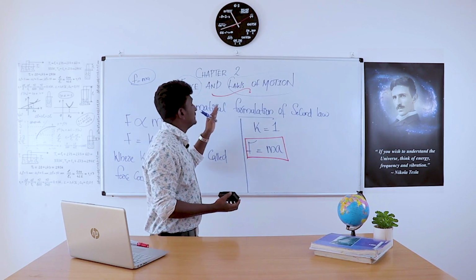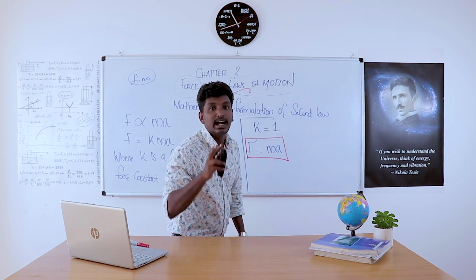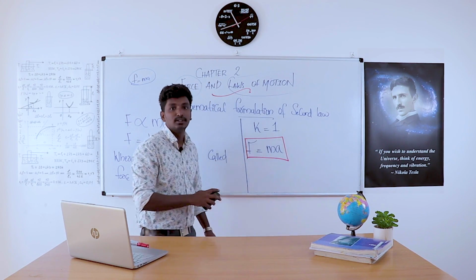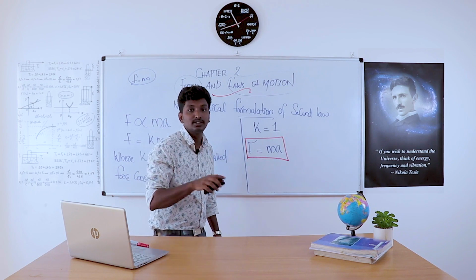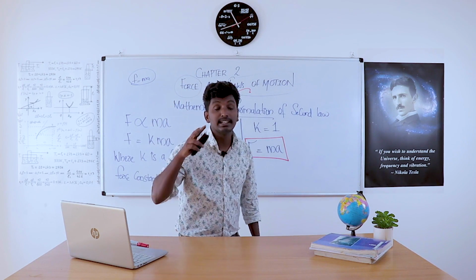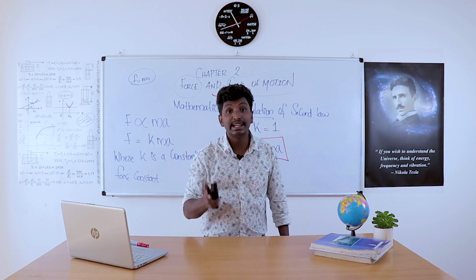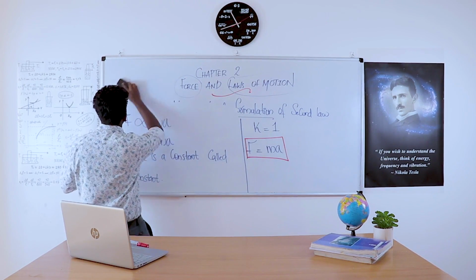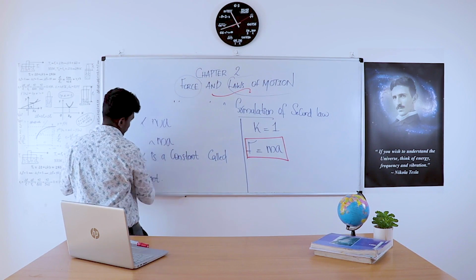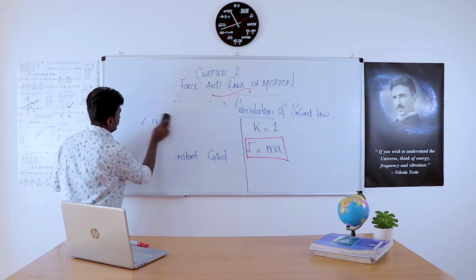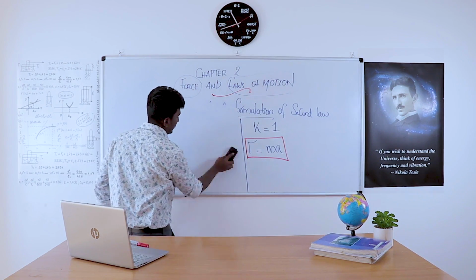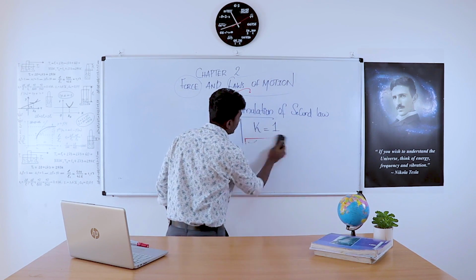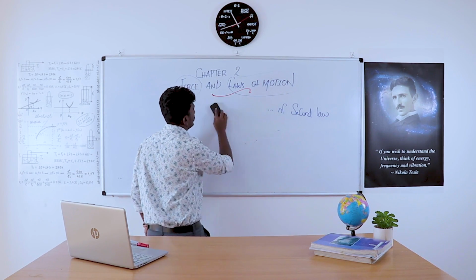We have just completed Newton's second law of motion and its mathematical formulation, and we are moving to the last section of this chapter, which is related to Newton's third law of motion. Related to Newton's third law, we have to explain recoil of a gun and conservation of momentum.